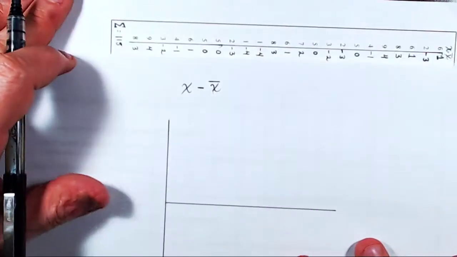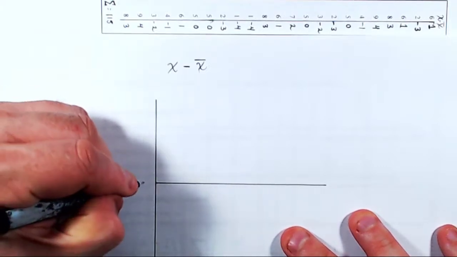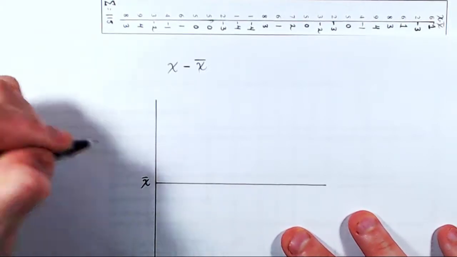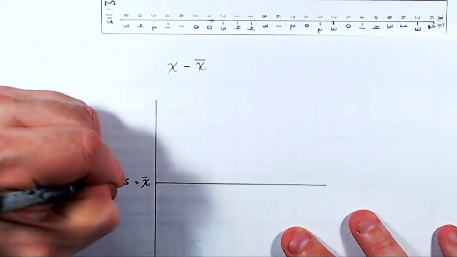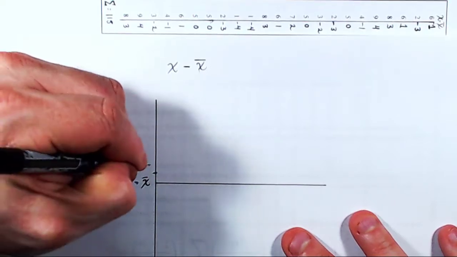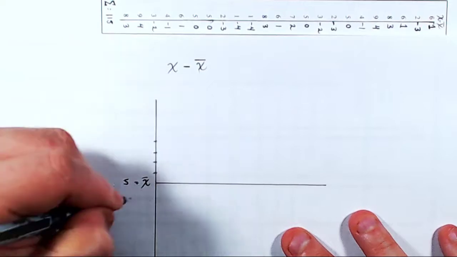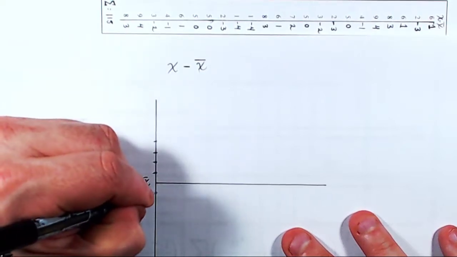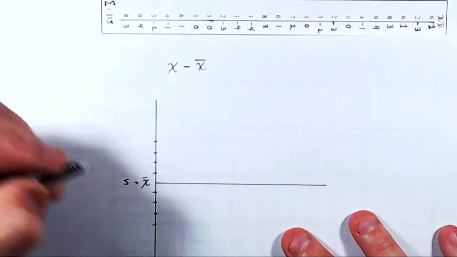Centered right here, we're going to call this X bar, and that's equal to 5. Now, if that's equal to 5, we'll call this 6, 7, 8, 9. Then underneath 5, we'll go 4, 3, 1.